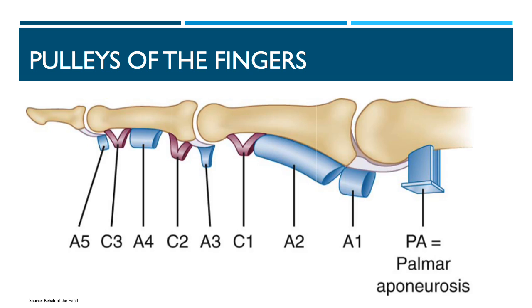The A1 pulley is important to note in a condition called trigger finger, and the A2 and the A4 pulleys are often injured with rock climbers who are using their tiny finger flexor muscles to pull their entire body weight. So those flexor muscles, when they're pulling so hard and their life depends on it, sometimes the pulleys will rupture and then you'll get this bowstringing.